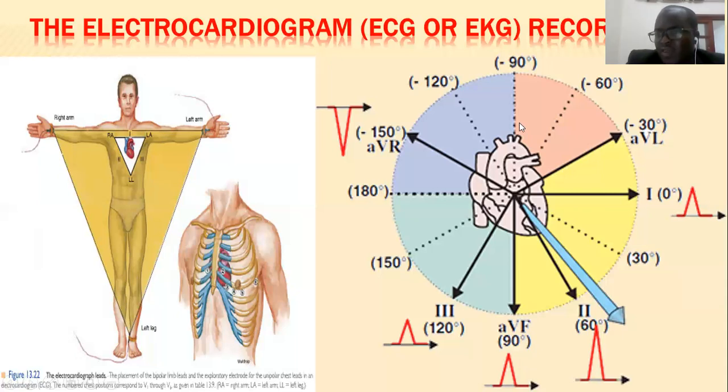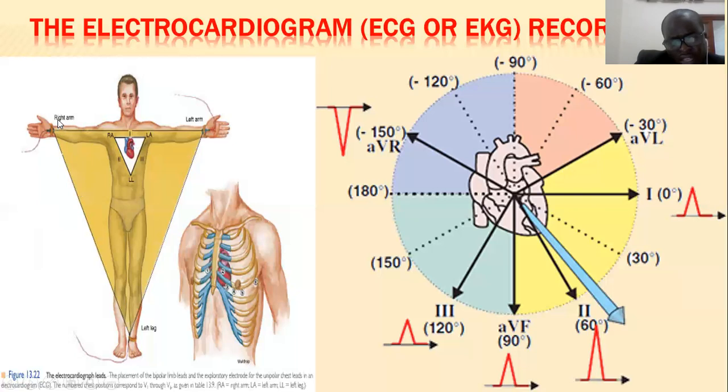Then the other augmented voltage leads, left and right arm. For the right arm, you have AVR, the augmented voltage right arm. It's looking at the heart from the right shoulder downwards here, diagonally. From this angle, you have an isosceles triangle. So let's say this is 60 degrees, this is another 60 degrees, and this is also 60 degrees.